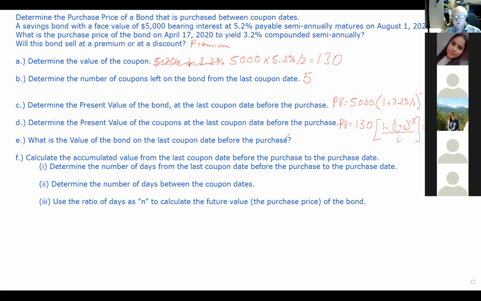No, it's okay. So what is the value of the bond on the last coupon date before the purchase? It's the sum of these two numbers. So let's add them up. 4618.51 plus 619.93.